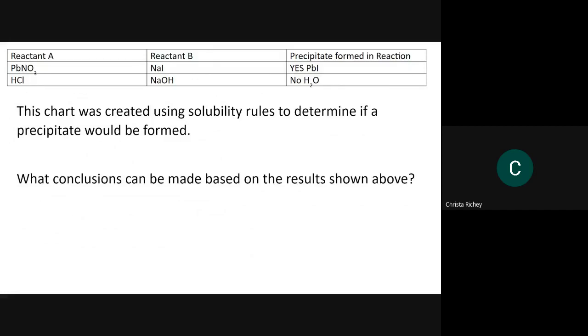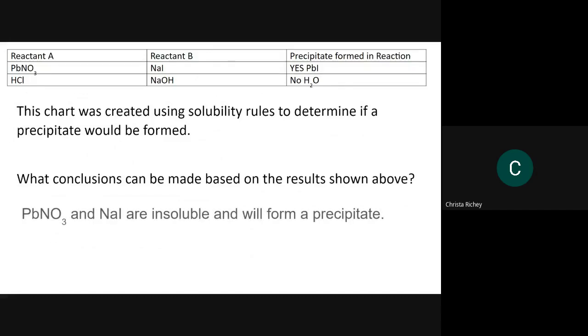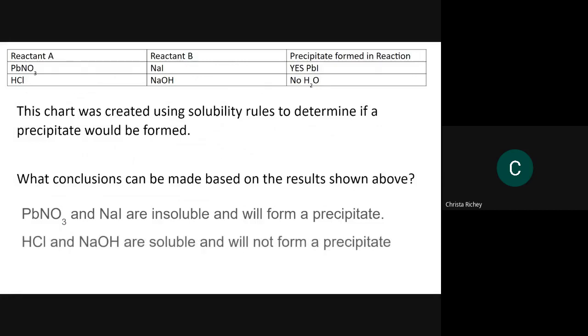It makes the thing cloudy, or it actually sinks all the way to the bottom. According to this, the lead nitrate and the sodium iodide do form precipitates. They are insoluble, whereas the hydrochloric acid and the sodium hydroxide do not form precipitates. They form water instead. So those are soluble.